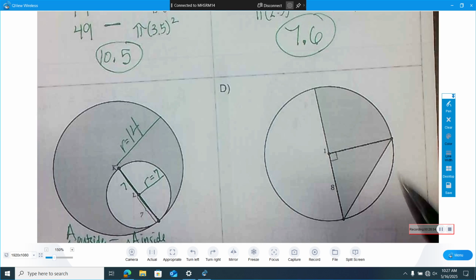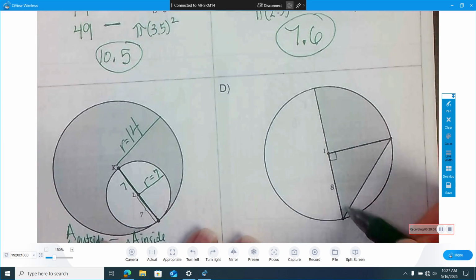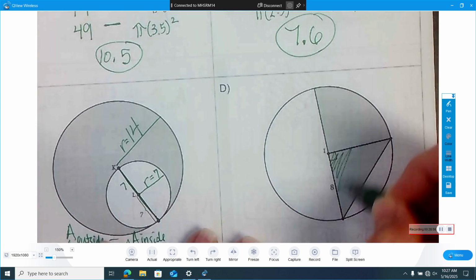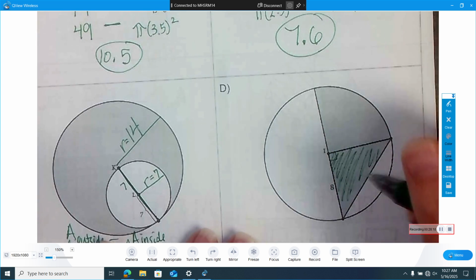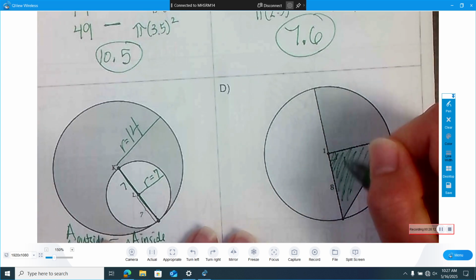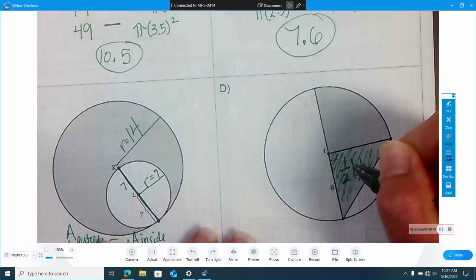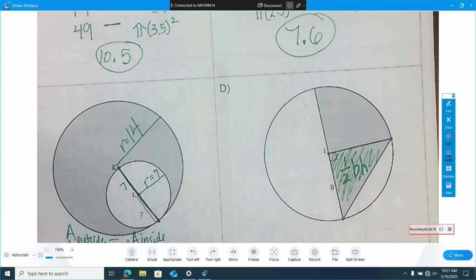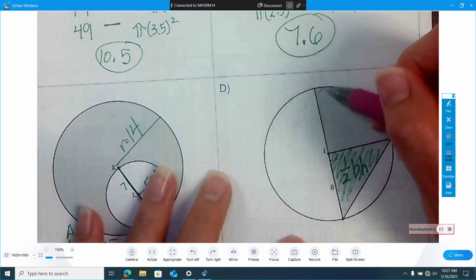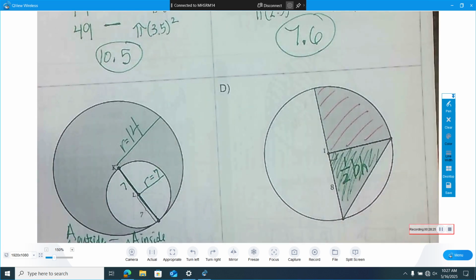So when I look, I see this figure right here, and what would you call this shape? Yeah. So the area of this triangle is 1/2 base times height. So if I can find the area of the triangle, then what I want to do is add this shape. What is this shape?